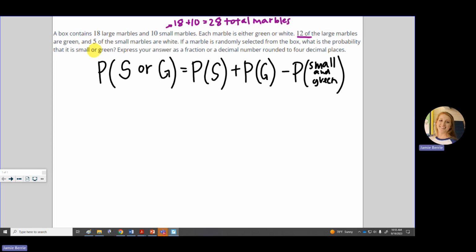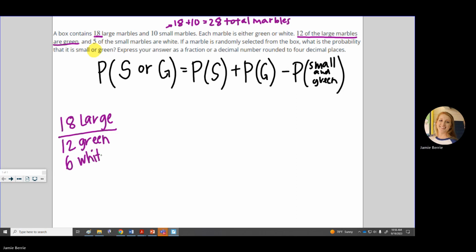This next part says 12 of the large marbles are green. There's 18 large marbles in total. Out of those 18 large, 12 of them are green. So the other 6 must be white.